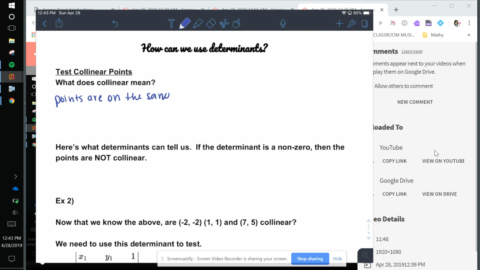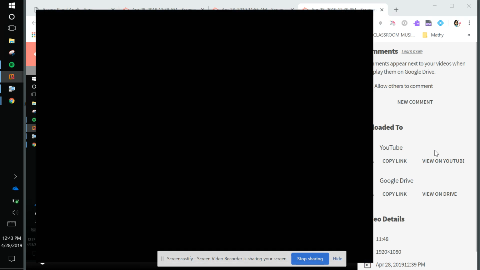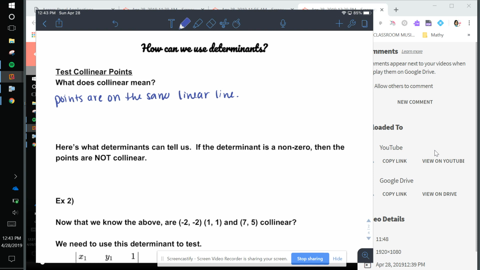So here's what the determinant can tell us: if the determinant is non-zero, then the points are not collinear. The points are not on a straight line.